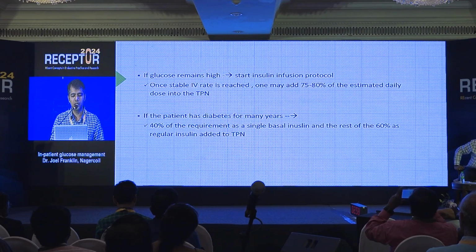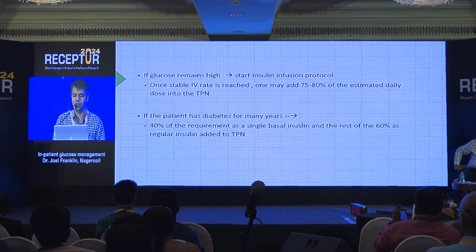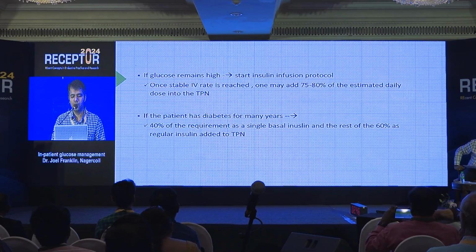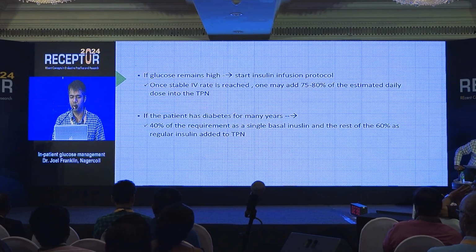Once a stable IV rate is reached, you calculate the total dose over 24 hours. Then the next day you add 75 to 80% of the estimated total daily dose. For example, if 50 units were required over 24 hours, you can take around 40 units and administer it in the TPN bag the next day.